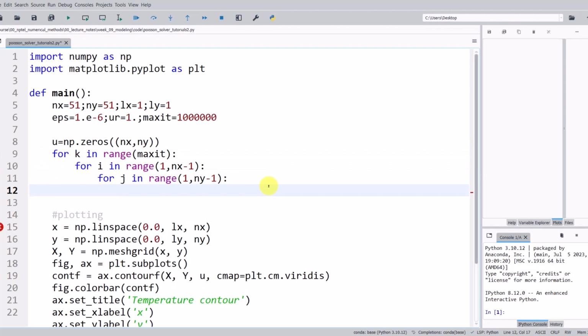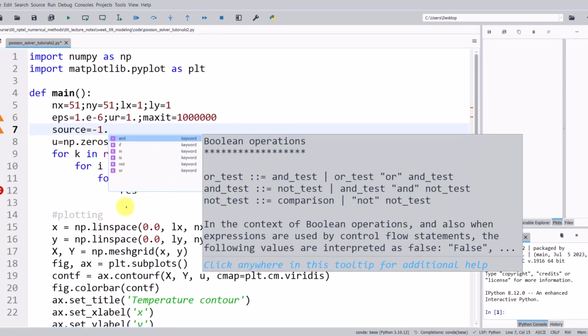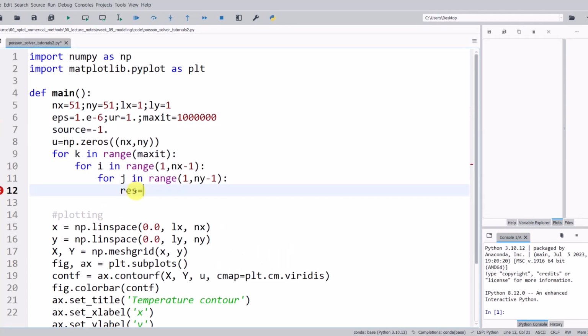Within the iteration loop, now I have to calculate that r value, that is r_ij, but we will overwrite, so this is not an array. So let us say we name this residual r, which will be equal to the source term. Our source term is minus 1. That is the source term in our equation, that will be on the right hand side anyway.